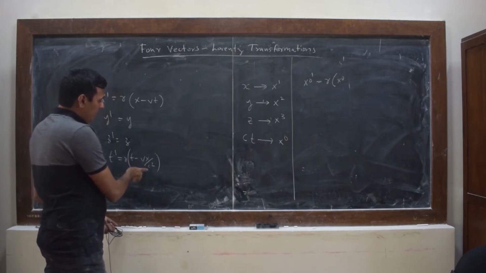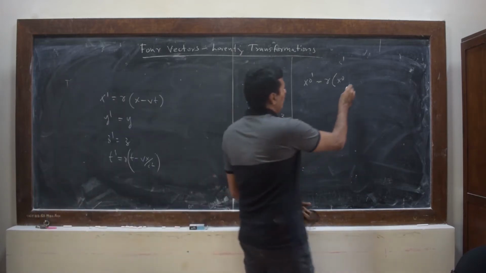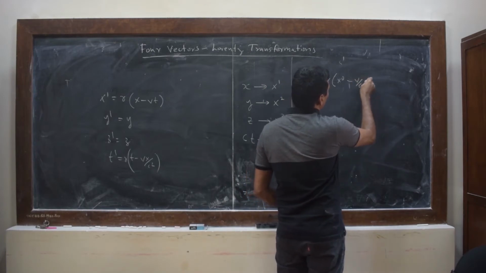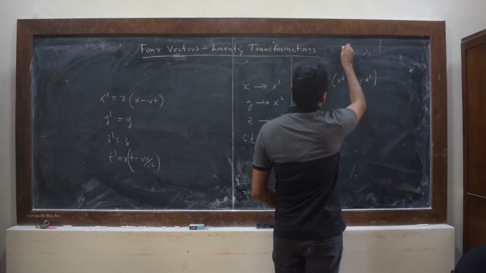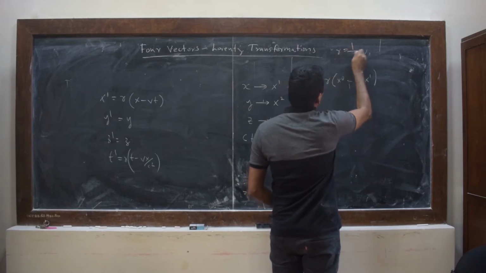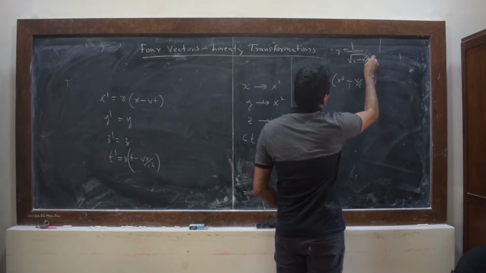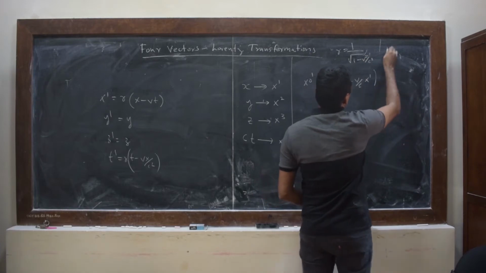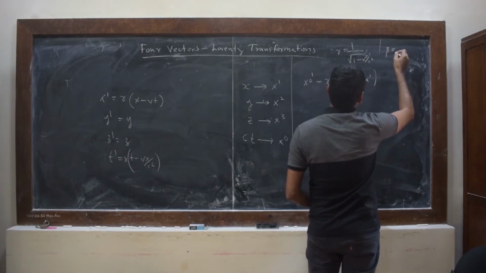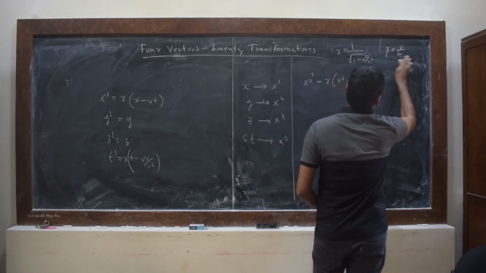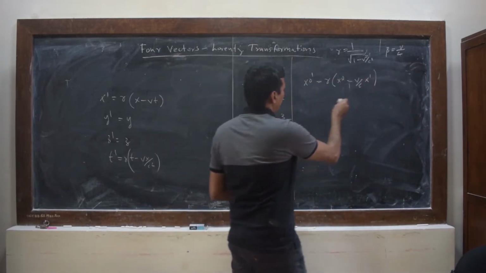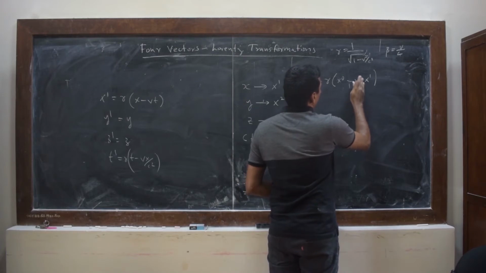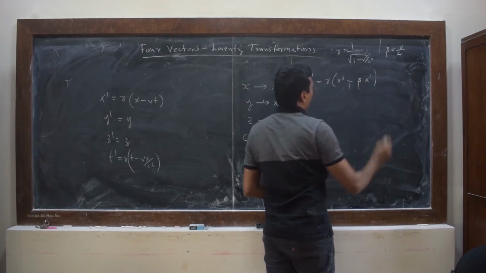So you will get gamma into (x0 minus v by c into x1). I already told you gamma is 1 by root of 1 minus v square by c square, and now I introduce beta, which is v by c. So we can write x0 prime as gamma into (x0 minus beta x1).